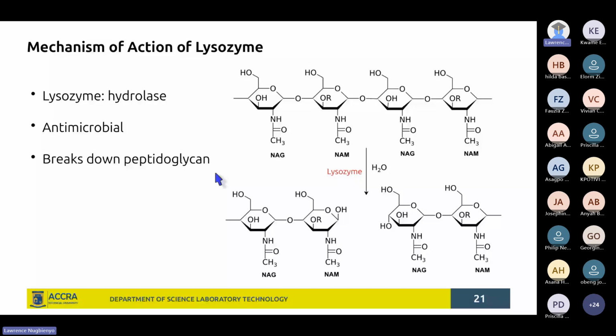We take in another enzyme, lysozyme. And the lysozyme is a hydrolase. What are hydrolases? Enzymes that catalyze hydrolytic reactions.